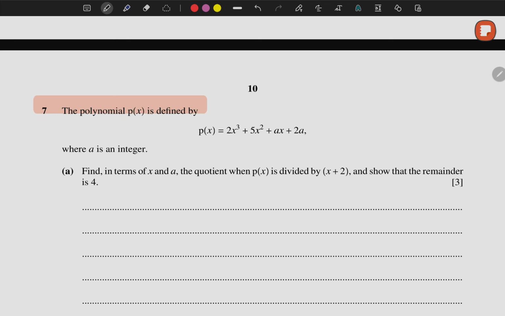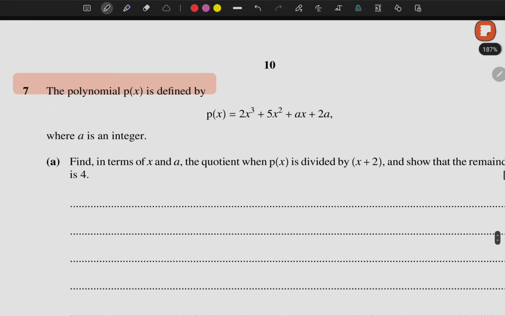Okay, so what I'm thinking is, when you divide it by x minus 2, if I substitute, no, it says show that the remainder is 4. So we can't equate it to 4. That means we have to do long division.